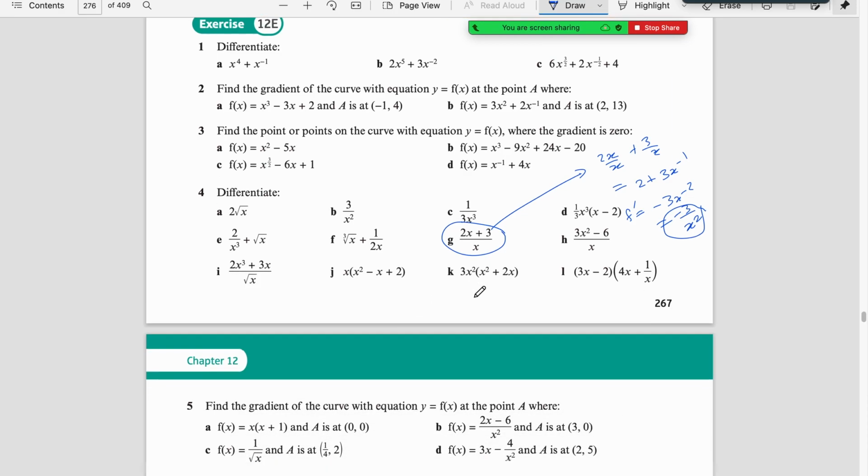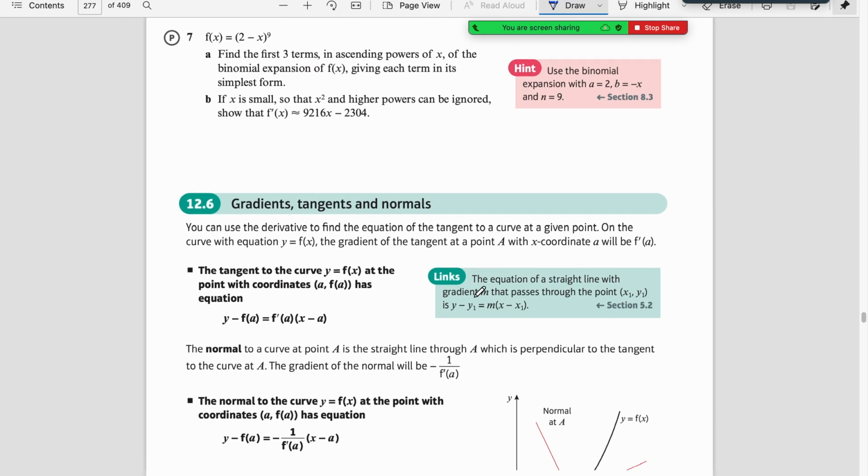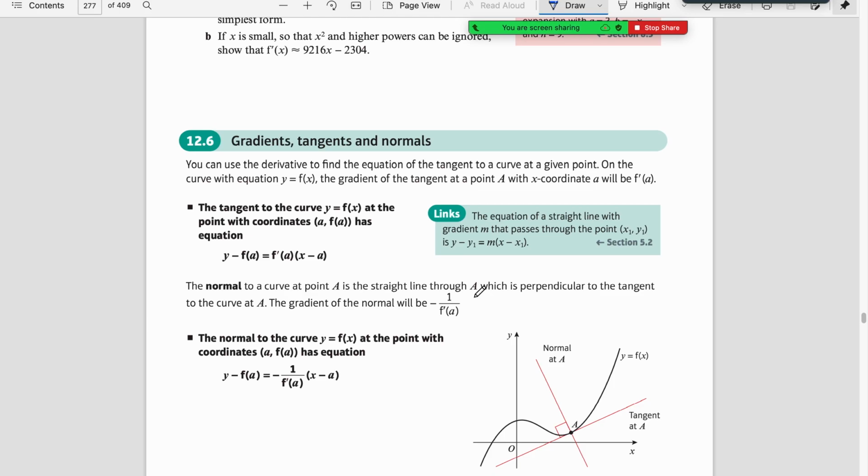So simple request, as we always make, practice. Then in this part, when we will start gradients, tangents and normals, we won't be going through how to differentiate, but we'll be going through the applications, how to do them.